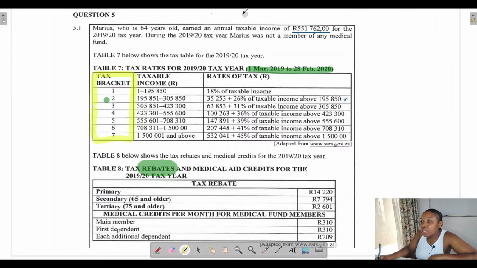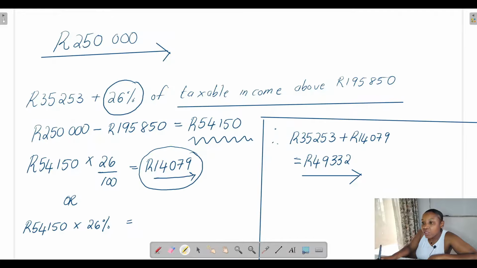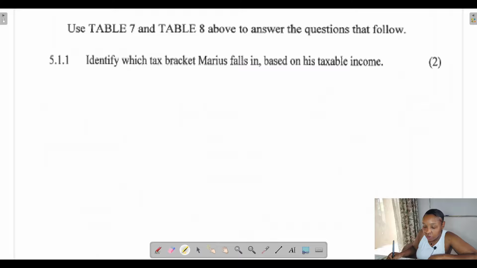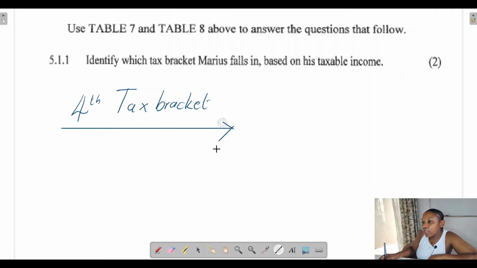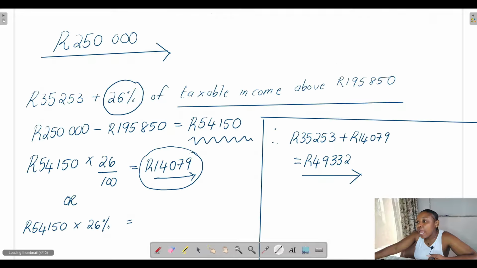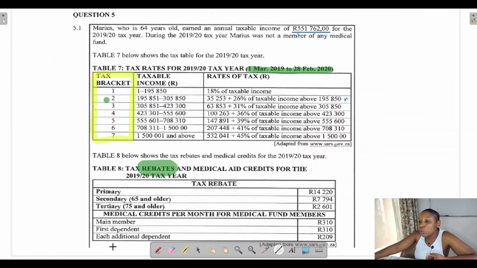So when you answer this question, we will say that he falls in the fourth tax bracket, because 551,762 is greater than 423,301. However, it is less than 555,600. So therefore we see that he falls within the fourth tax bracket.